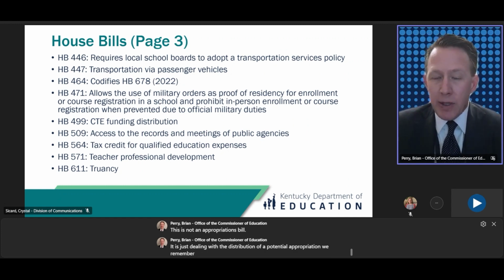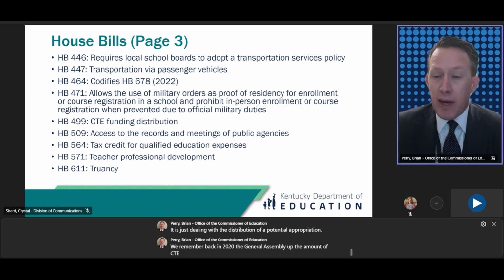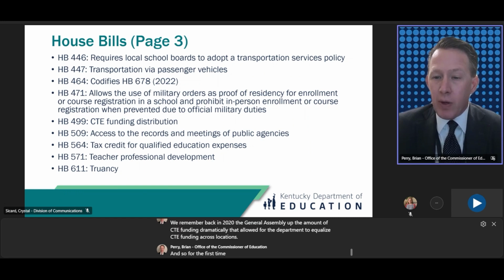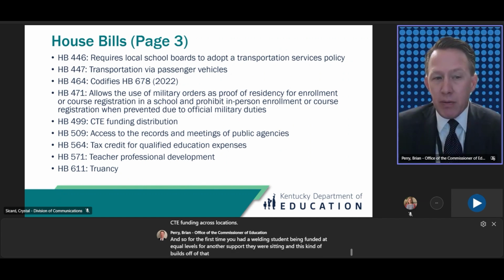If you remember back in 2020, the General Assembly upped the amount of CTE funding dramatically. That allowed the department to equalize CTE funding across locations. And so for the first time, you had a welding student being funded at equal levels regardless of where they were sitting. This kind of builds off of that.